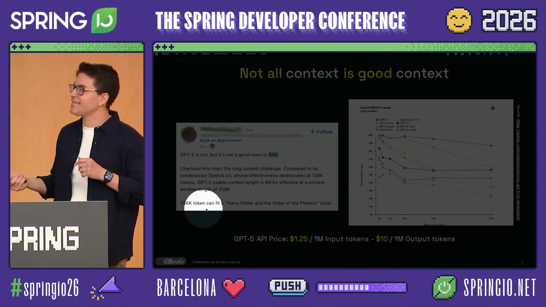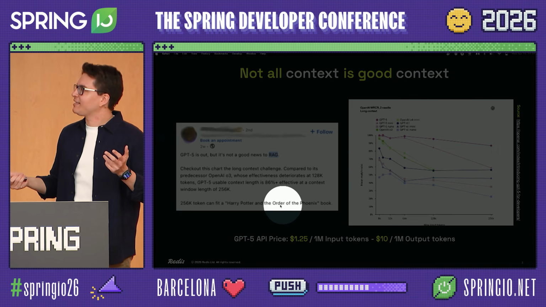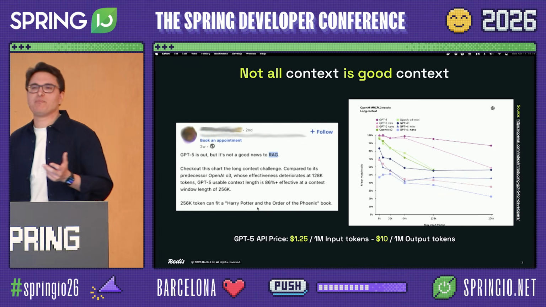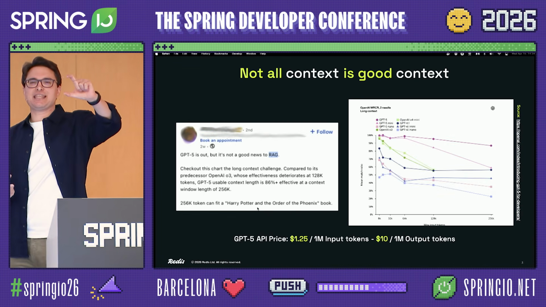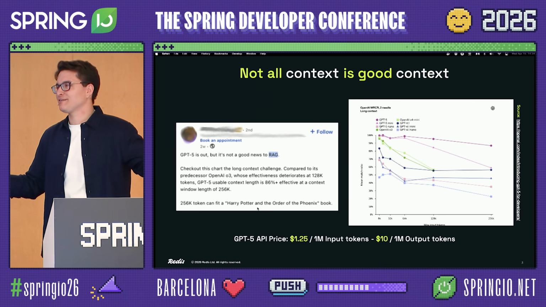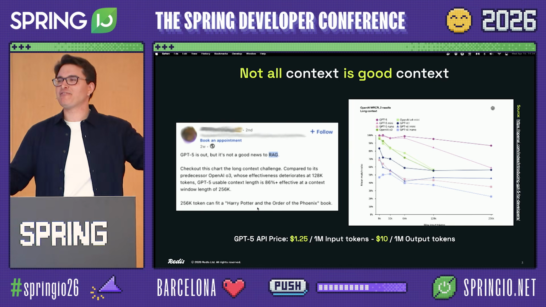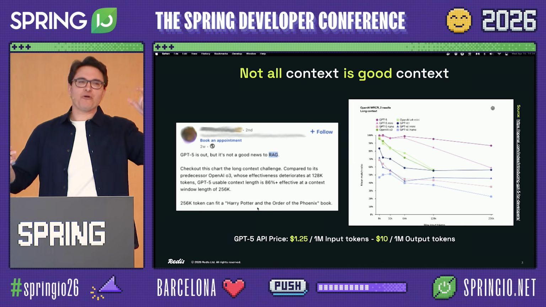The first one is that in 256,000 tokens, you can stuff something like one book of Harry Potter, about this thickness, if you have read it, The Order of Phoenix. But guys, if you've worked at banks or insurance companies or bureaucratic companies, you know that this is nothing, right? If you have an insurance policy, you know that this is nothing.